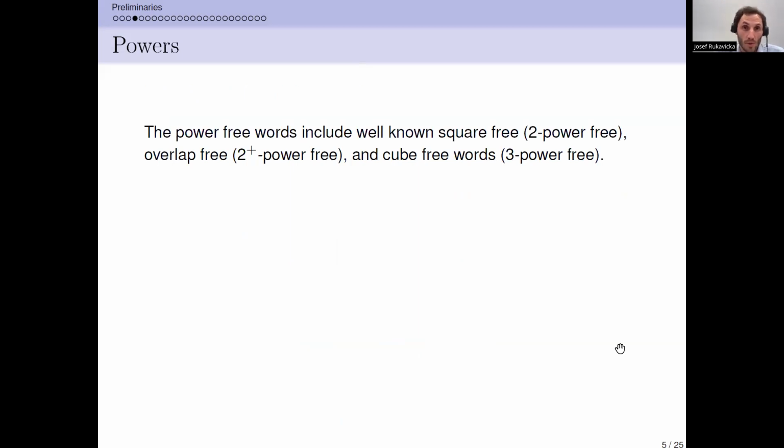There are some famous examples of power-free words, especially square-free, overlap-free, and cube-free. Using the definition that I presented, these are 2-power-free, 2-plus-power-free, and 3-power-free. Examples.